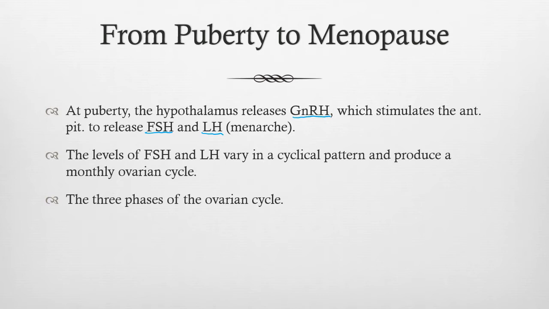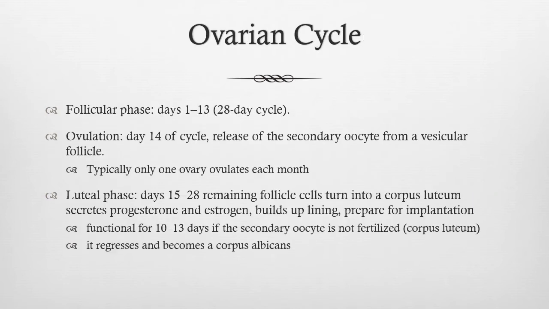When that starts to be released, the anterior pituitary can start to release its FSH and LH. Those levels are going to fluctuate throughout the cycle, moving up and down, and they're important in terms of the different phases of the ovarian cycle itself.